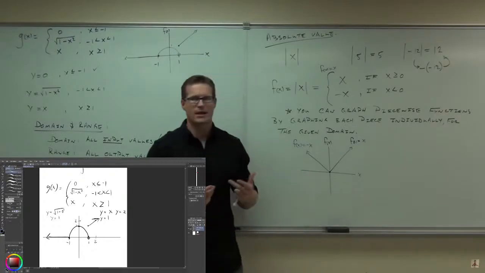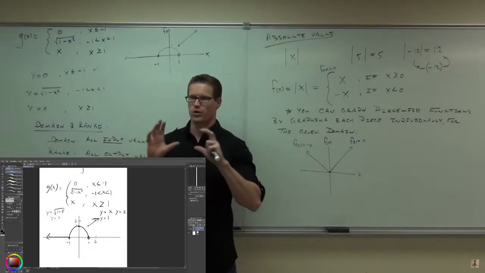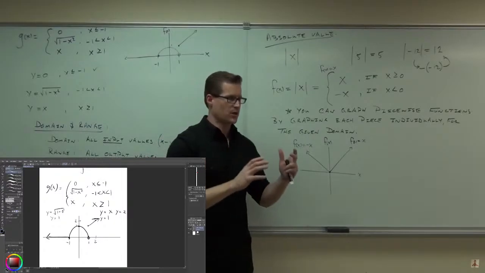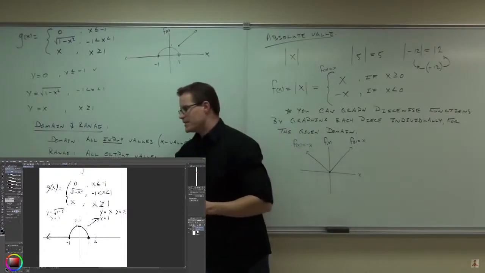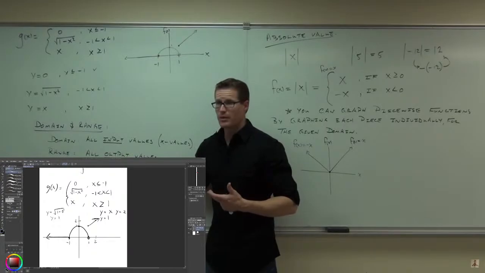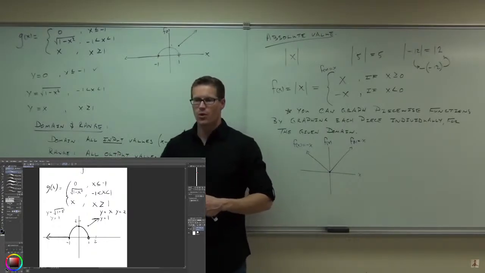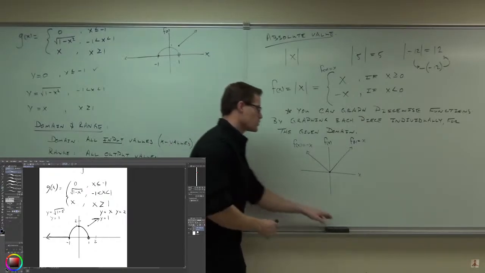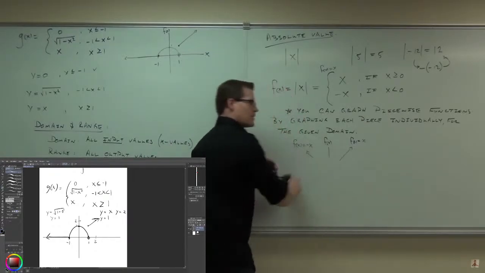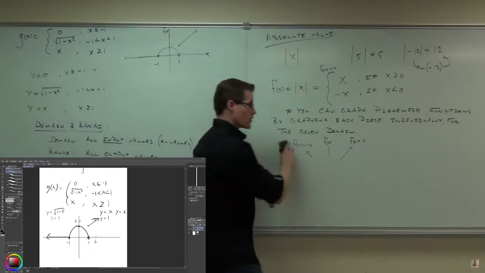The natural domain is basically everything that works in the formula, including the maybe natural restraints of the problem, like the side length of the square, or the formulaic restraints of like a square root or dividing by 0. So natural domain basically means everything that works in your formula or your function.